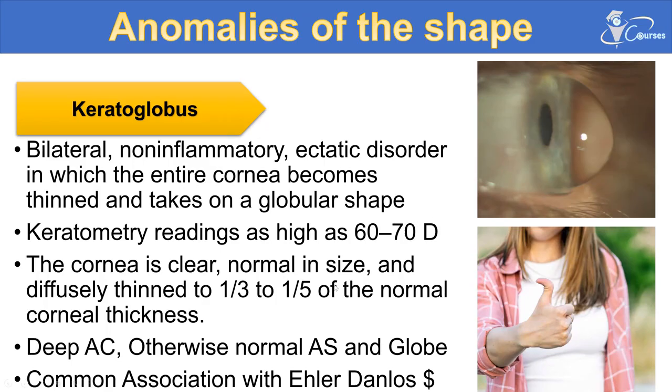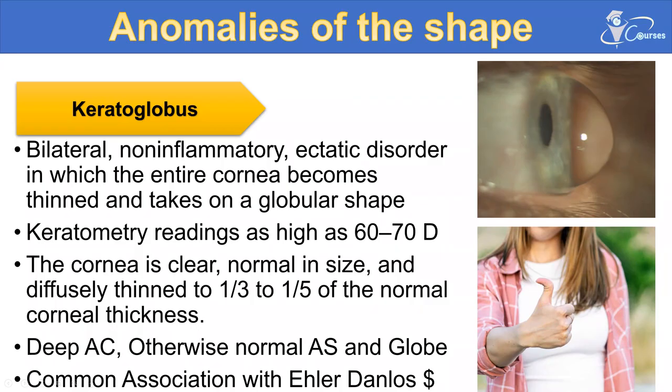The cornea is clear, normal in size in terms of the horizontal corneal diameter, and diffusely thinned to 1/3 to 1/5 of the normal corneal thickness. And regarding this curvature, there will be, as you can see, a very deep anterior chamber. However, otherwise, the anterior segment is normal. There is a normal iris, normal lens, normal anterior segment, and normal globe.